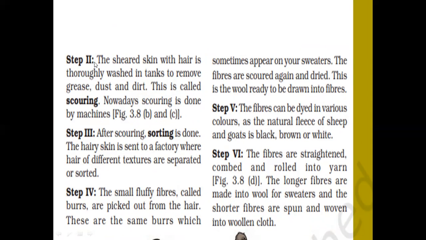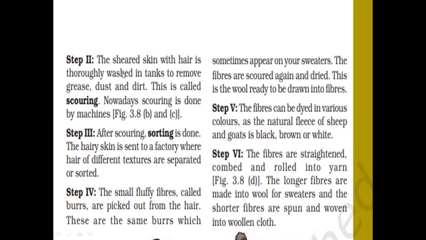That is step 2. The sheared skin with hair is thoroughly washed in tanks to remove grease, dust, and dirt. This is called scouring. Nowadays, scouring is done by machine. So the skin which we have taken out, with its hair, we need to wash thoroughly, because we need to remove the grease, dust, and dirt present in it.